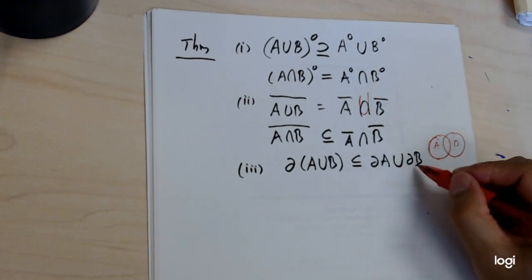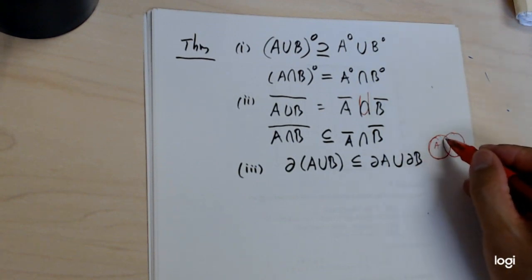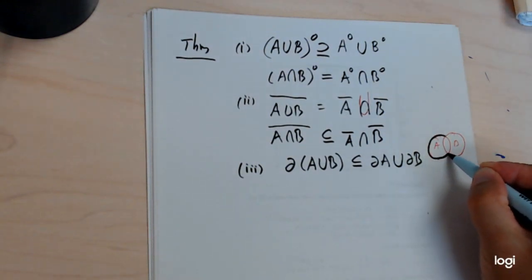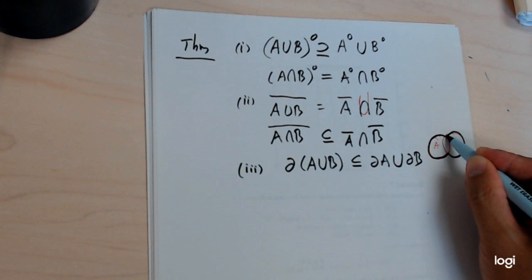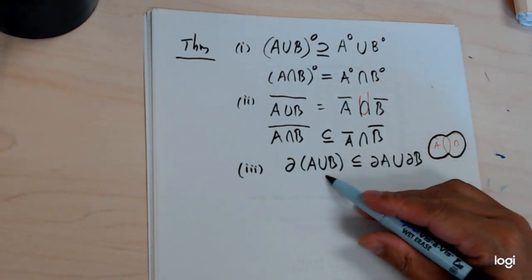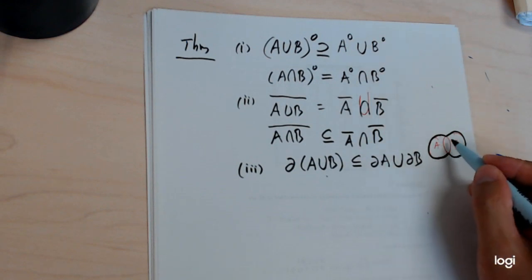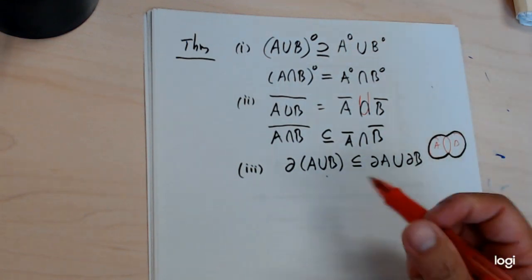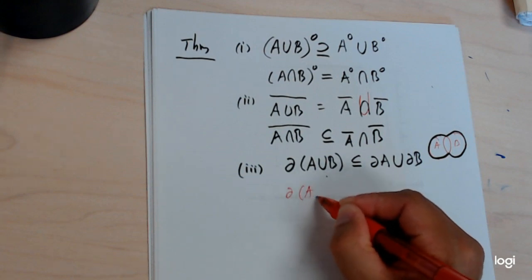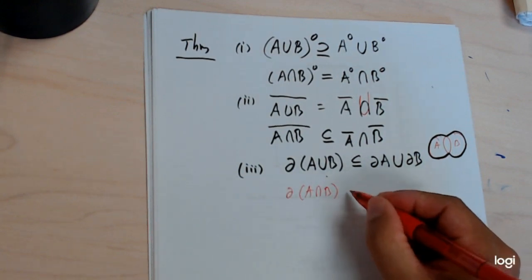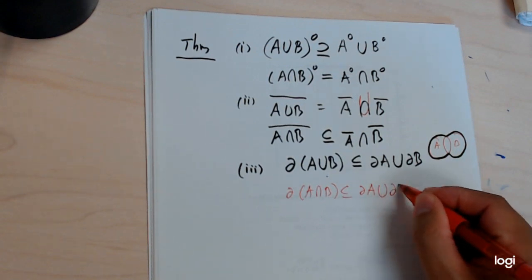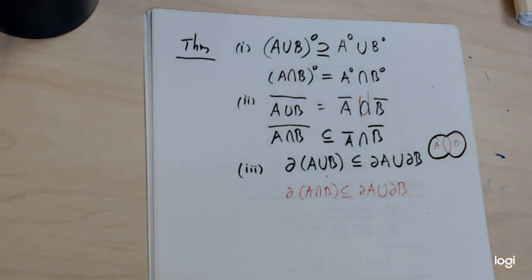That's the boundary of A union the boundary of B. But for the union set, which is this whole thing here, the boundary refers to this guy. That's the boundary of A union B, which is a subset of those two circles. The boundary of the intersection is a subset of the union of the boundary of A and the boundary of B.